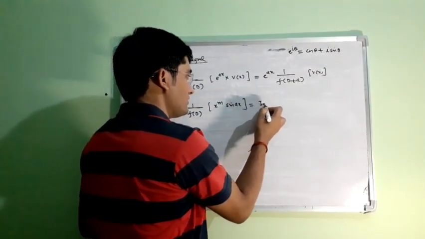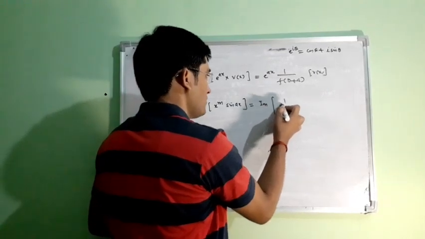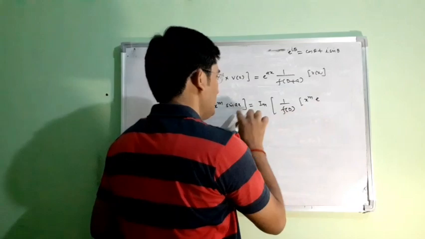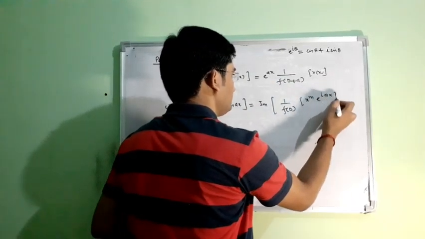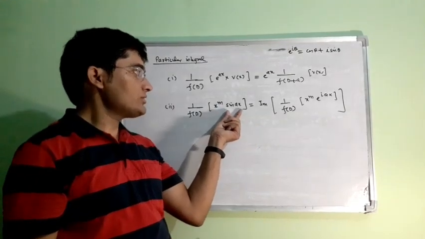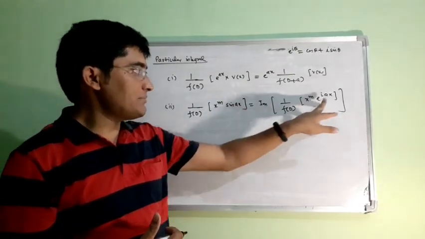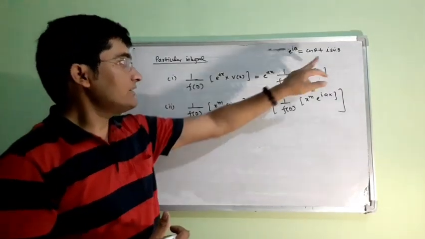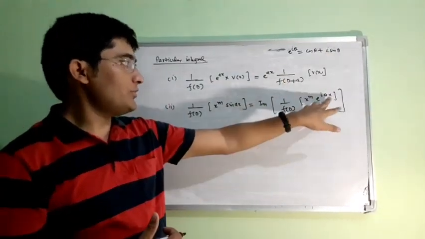So this will be the imaginary part of 1 upon f(D) of x to the power m, and sin ax can be written as e to the power iax, because sin theta is the imaginary part of e to the power i theta. So we can replace sin theta by the imaginary part of e to the power iax.